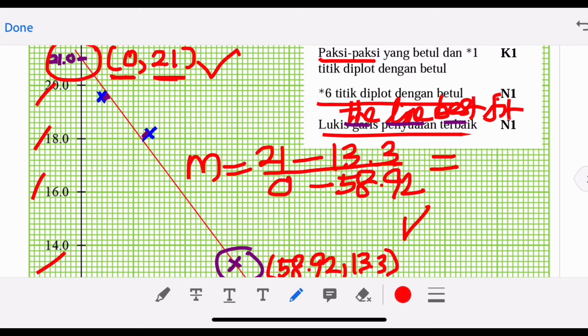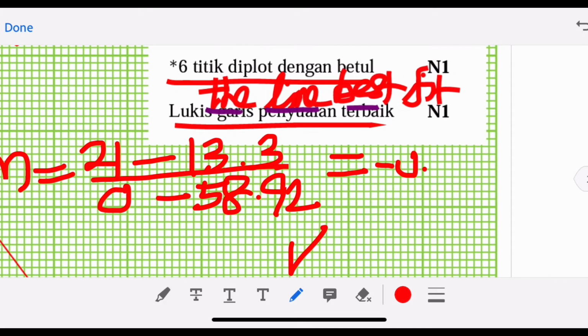Alright, so 21 minus 13.3 over negative 58.92. So we get the answer is negative 0.1307, right?